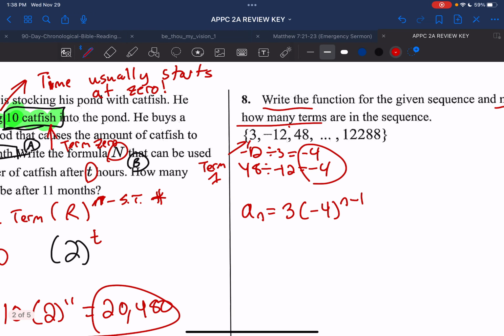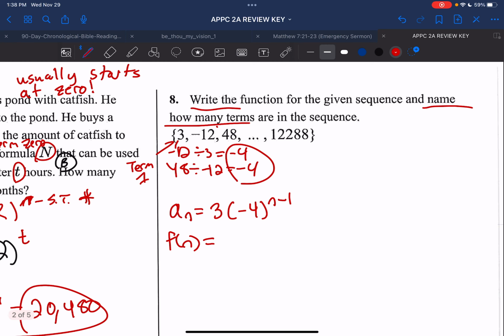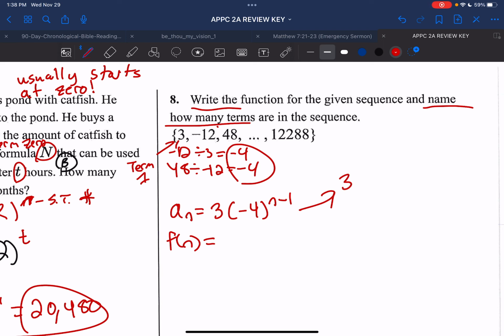And if it wanted it in function notation, or it gives it to you in function notation, you either use the zero term method or the exponent method. I'm assuming most people are going to use the zero term method. So to do this, I'm just going to plug 0 into here to get the zero term. Plug that in my calculator. 3 parentheses -4 to the 0 minus 1.